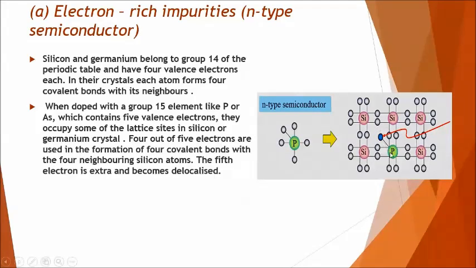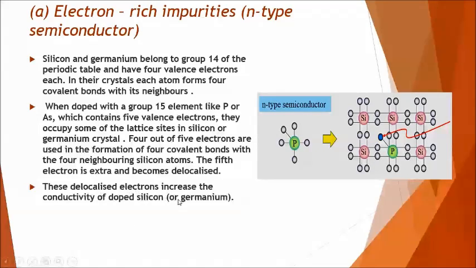Now if a phosphorus is introduced, how many valence electrons does it have? 5 valence electrons. 4 will be used up making the covalent bonds, but the 5th electron is extra here. This electron is delocalized, and this extra electron increases the conductivity of this semiconductor.